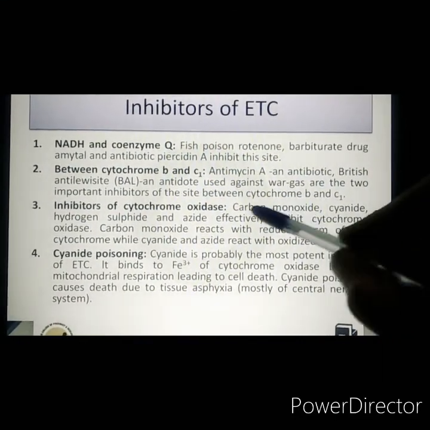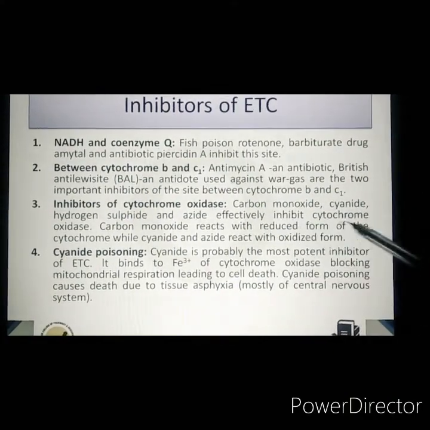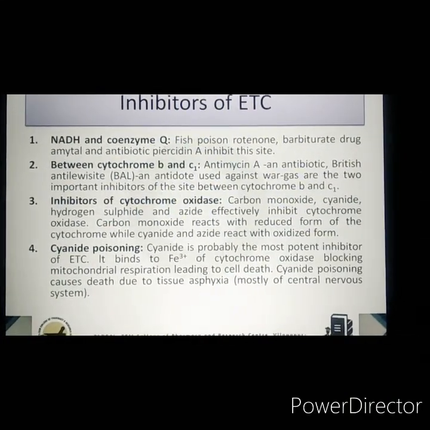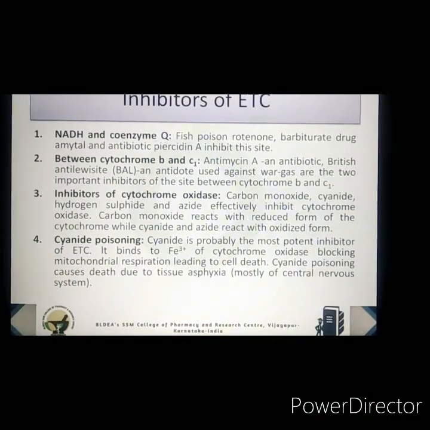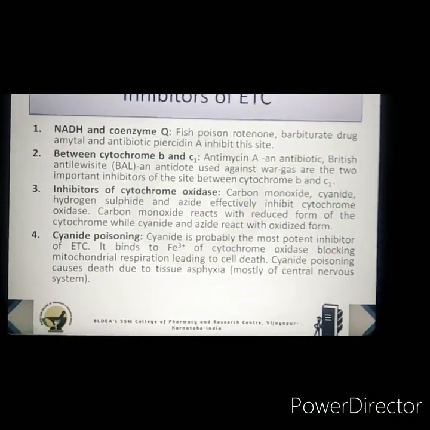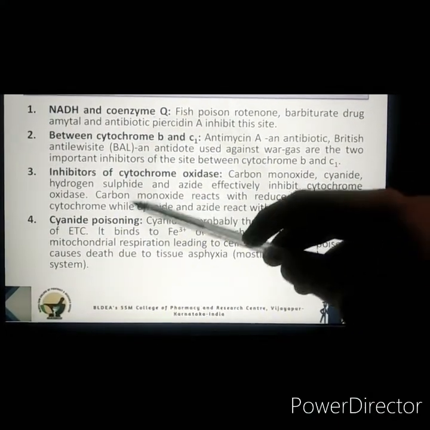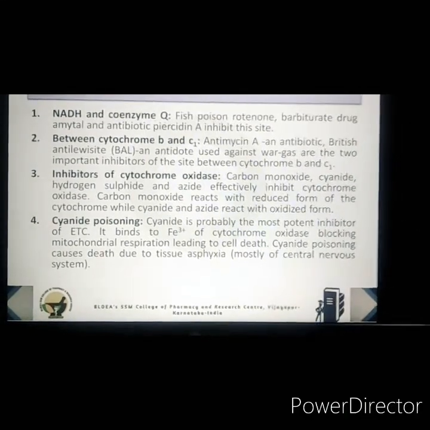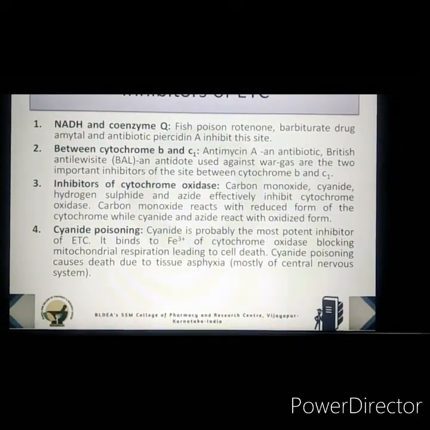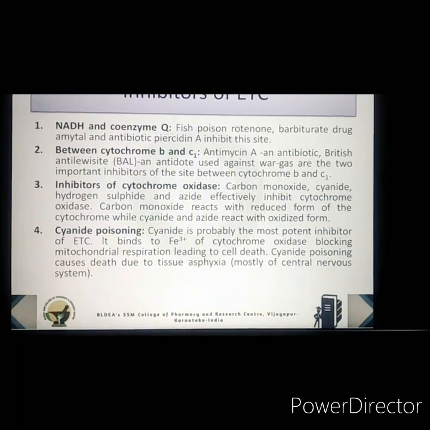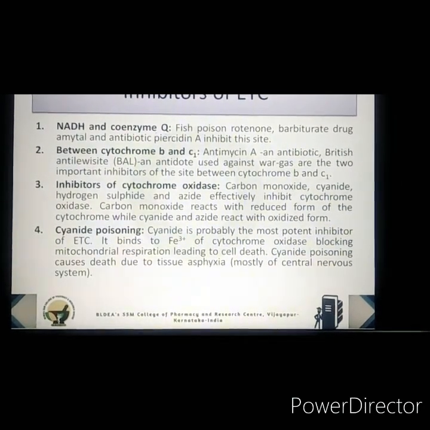You can see here, carbon monoxide reacts with the reduced form of cytochrome, that is the iron sulfur proteins that are reduced, the Fe+2 form. At that position carbon monoxide attacks the iron sulfur proteins and forms a complex with them. That complex is irreversible in nature.